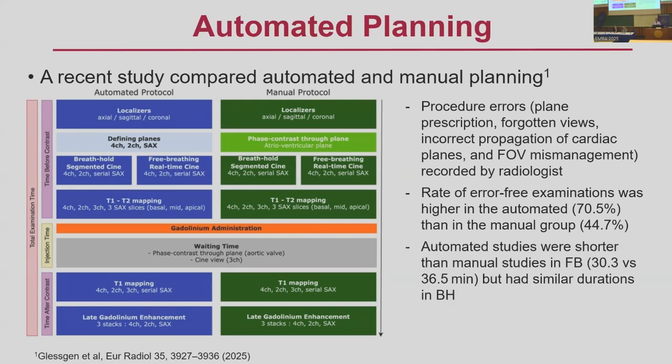There was also a slight decrease in study duration for free breathing scans, although breath hold took pretty much the same. So this is really something useful that's going to help everyone in their clinical practice, and this is being offered, I think, by all the vendors.